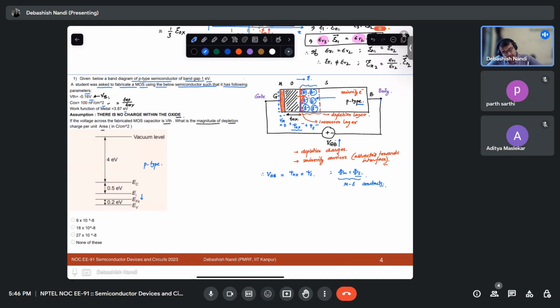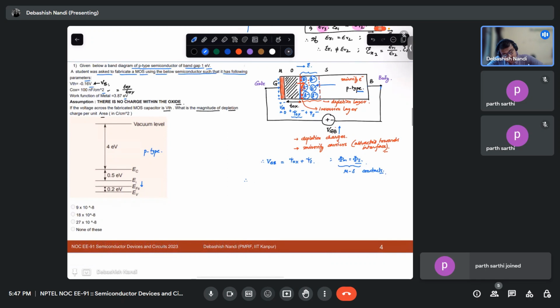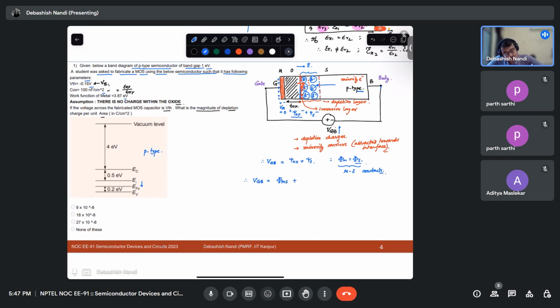If you have gone through the lectures, you will see that your VGB will be dropping across the metal semiconductor work function difference, the oxide, and the semiconductor, around that depletion region which forms inside the semiconductor just beneath the interface.